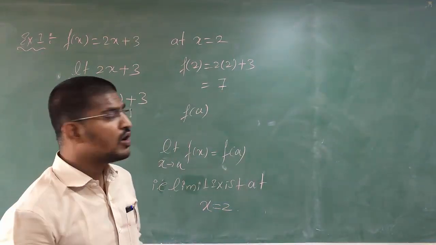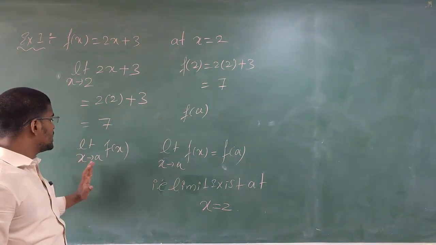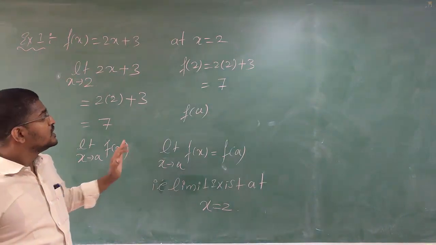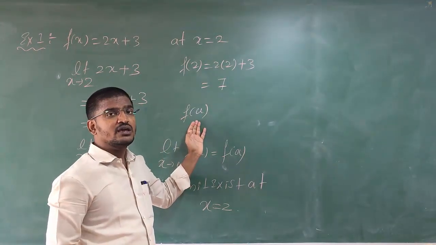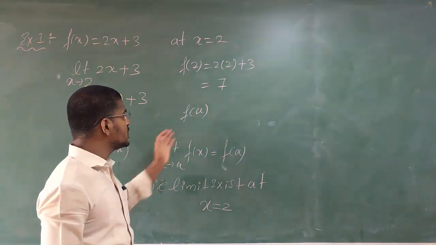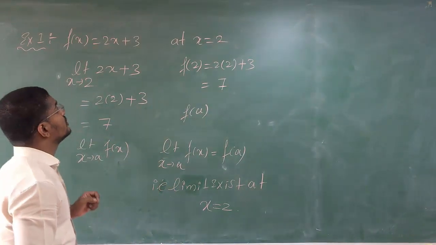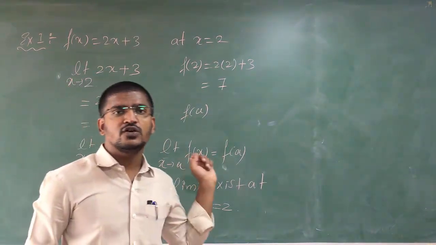I think you got what I have explained here. First you have to calculate the limit as x tends to a of f of x, then you have to calculate f of a. You have to see whether these two things are equal or not. If they are equal, then we say that the function is continuous. Clear? Pause this video to take the notes.